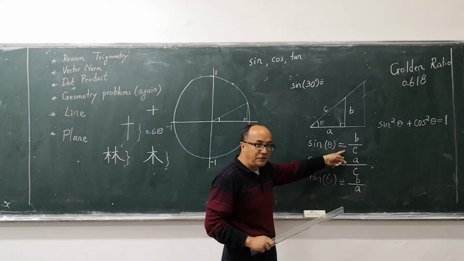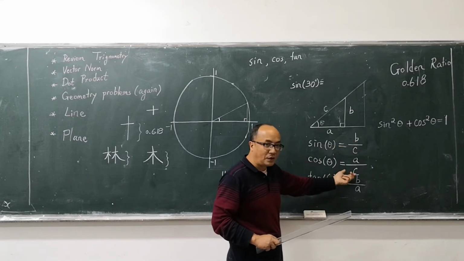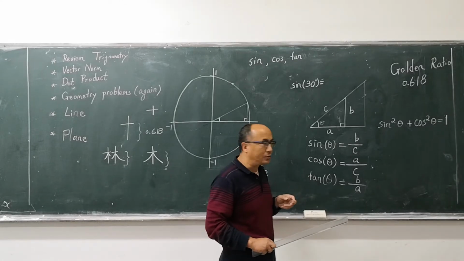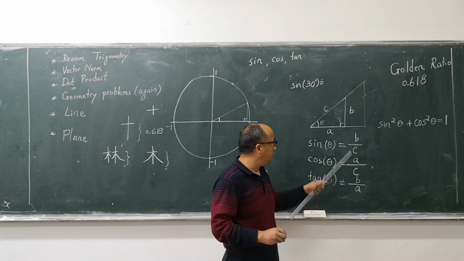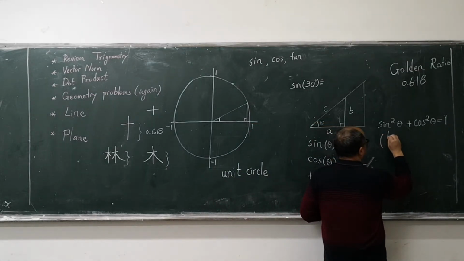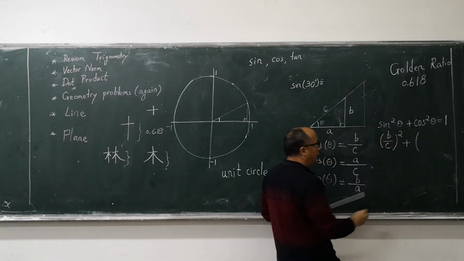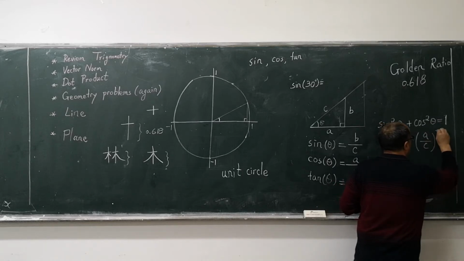And you can verify this with the Pythagorean rule. Do you want me to prove it? B over C squared plus A over C squared equals 1.